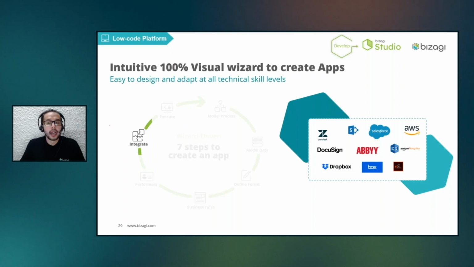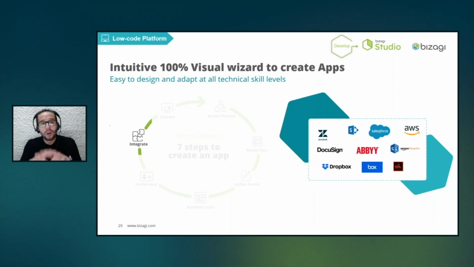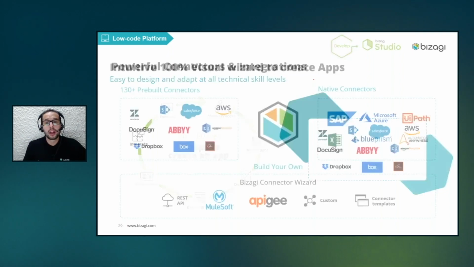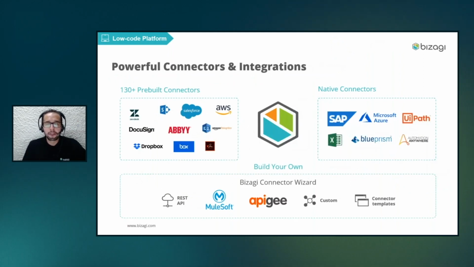So I can here set up my integrations with web services or with RPA providers or with connectors or with SAP or with Excel, whatever is needed for my project. This is the step where I'm going to define them. So I define the integrations that my project needs.